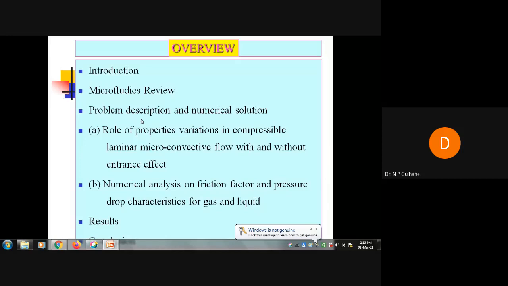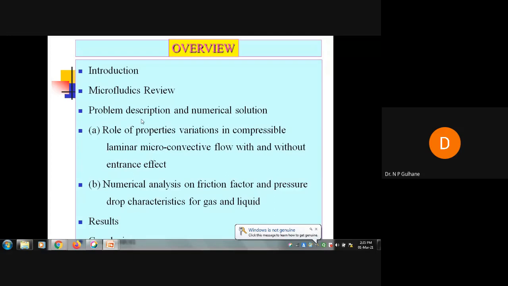So on one side, we are increasing the heat transfer rate, extracting heat from any PCB or electronics devices. But on the other hand, we are also increasing the friction factor in terms of pressure drop. So how to tackle these two things at the same time so that economically we can use this technology in the defense sector.